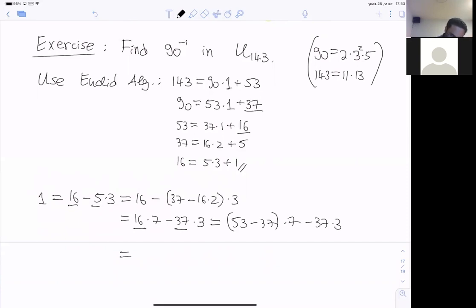Okay, so it's 7 times 53 minus 37. How many times? Here we have minus 7, and here we have minus 3. So minus 10 times, isn't it? Let us check it.